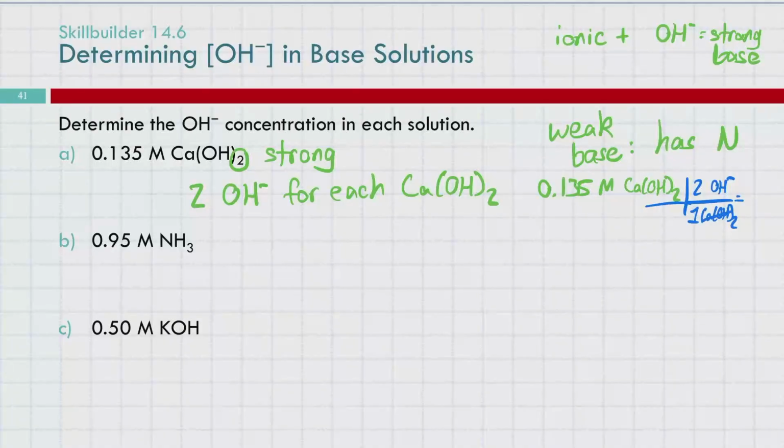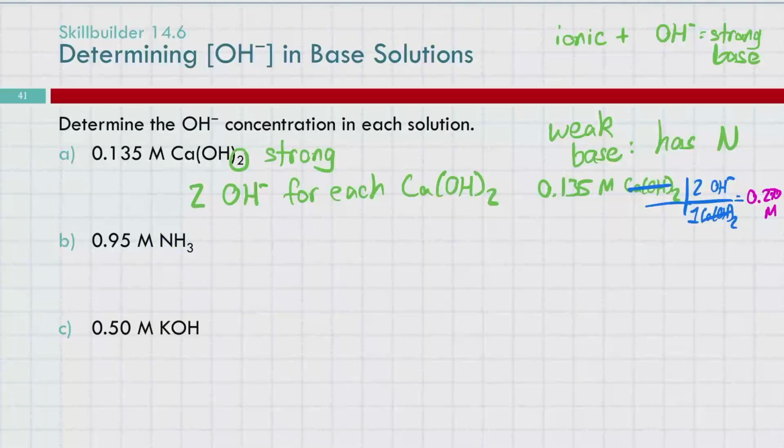So we're multiplying by 2. Our concentration of hydroxide is 0.270 molar. Not too crazy as long as we remember that this subscript of 2 means that we have 2 hydroxides for every 1 calcium hydroxide. So it's going to double the concentration of hydroxide compared to the calcium hydroxide.